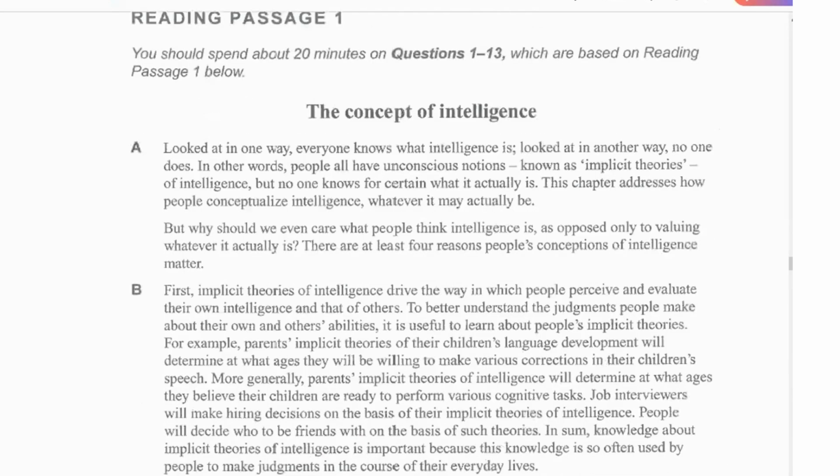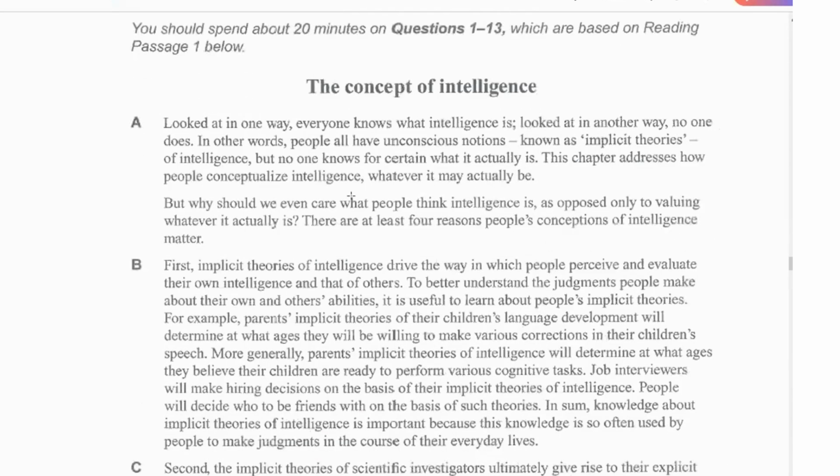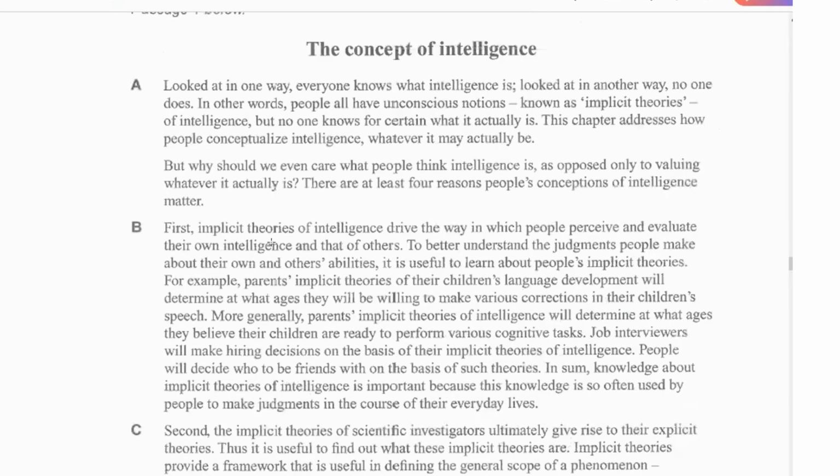Non-scientists refers to people. For example, parents. Parents is in the category of non-scientists. Hold on. Job interviewers will make hiring decisions on the basis of their implicit theories.